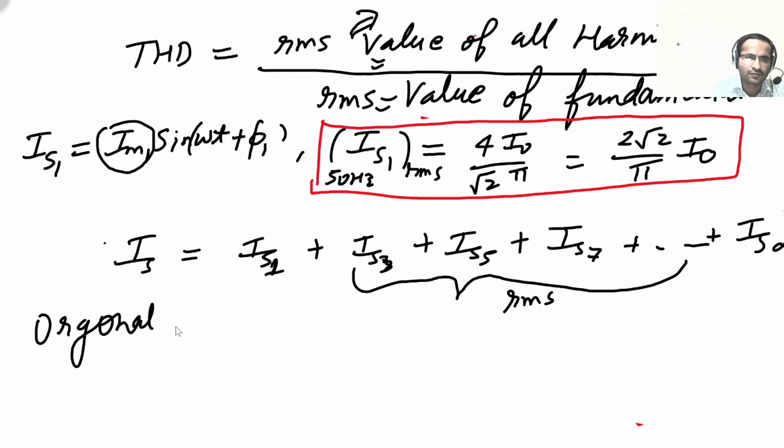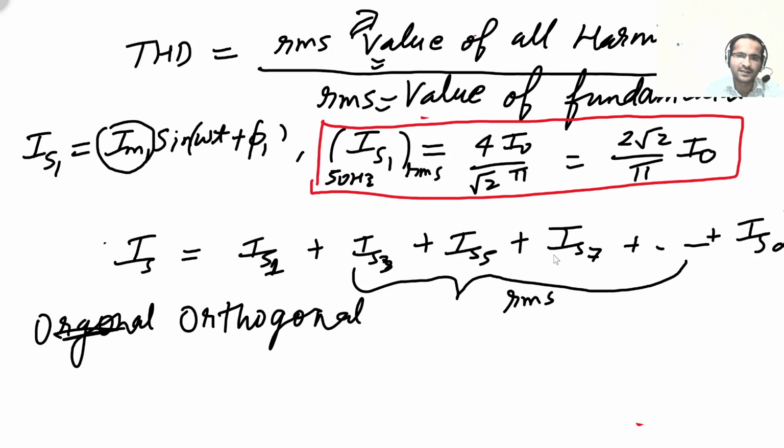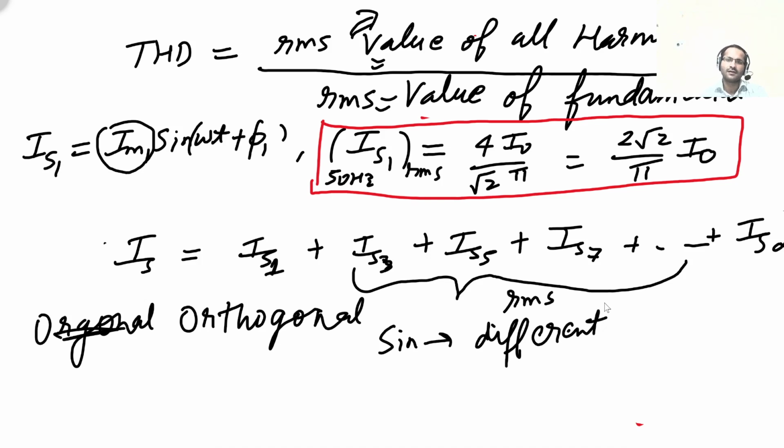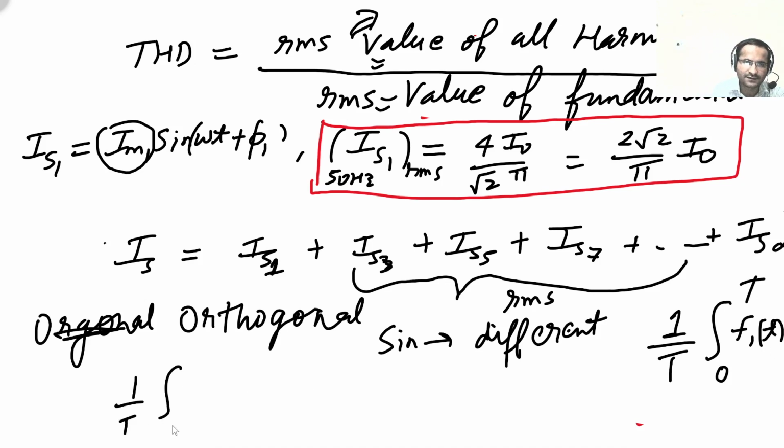Orthogonal means that if you multiply two sinusoids of different frequency and take the average, integrating from 0 to T, f1(t) times f2(t), you will get 0.